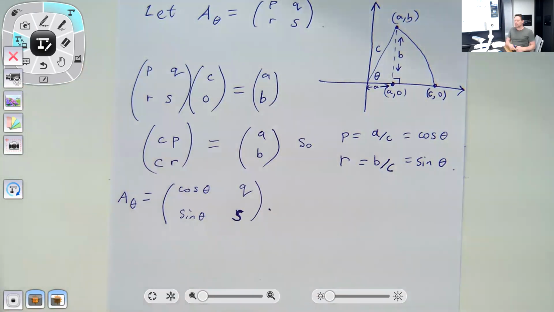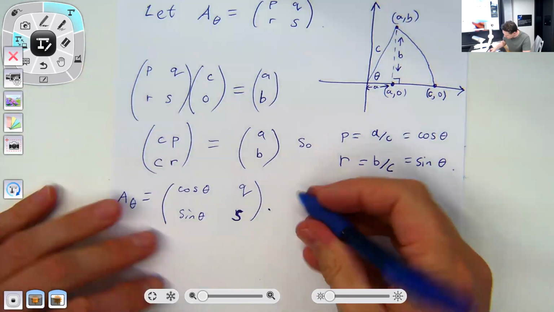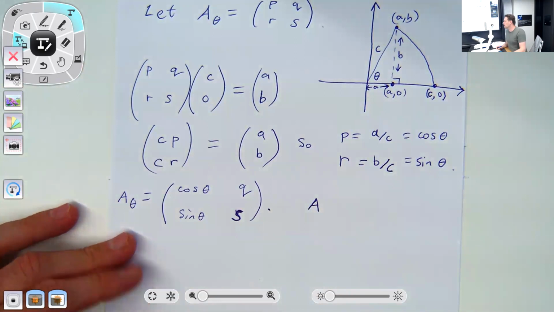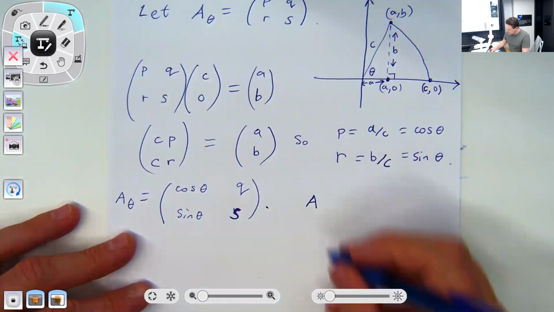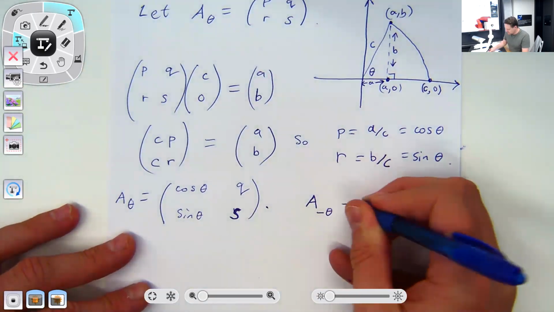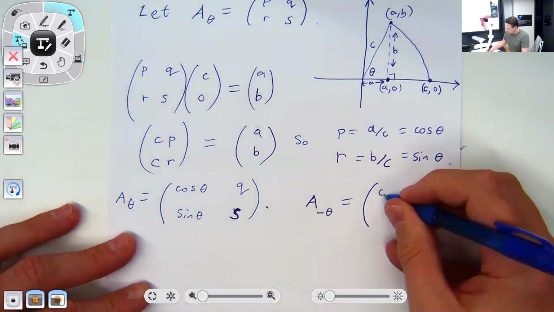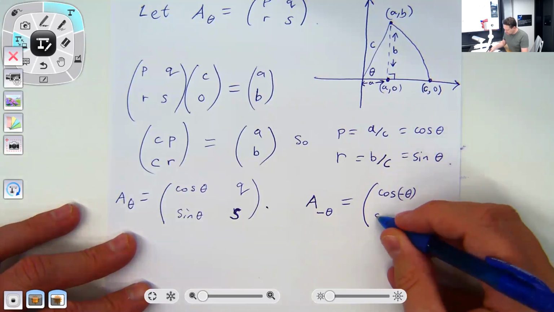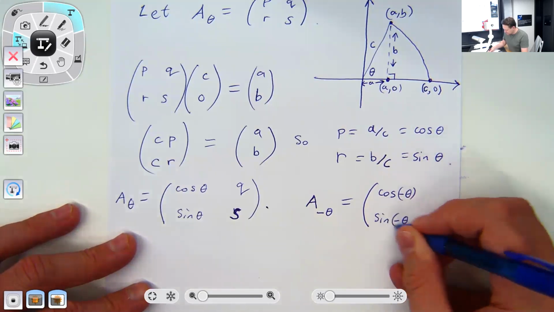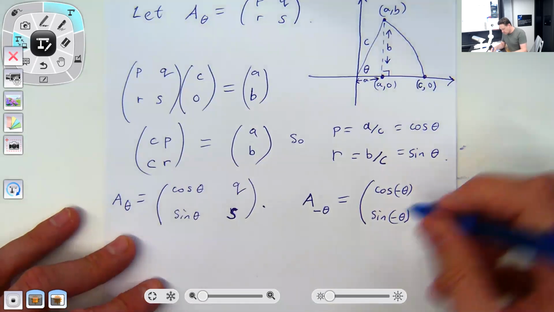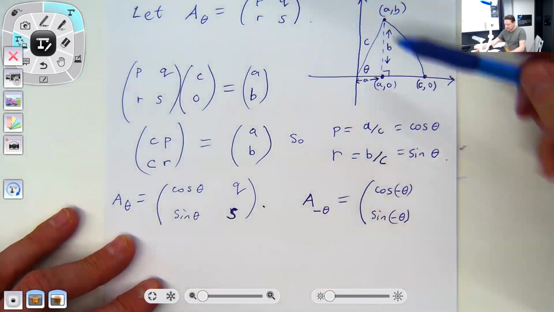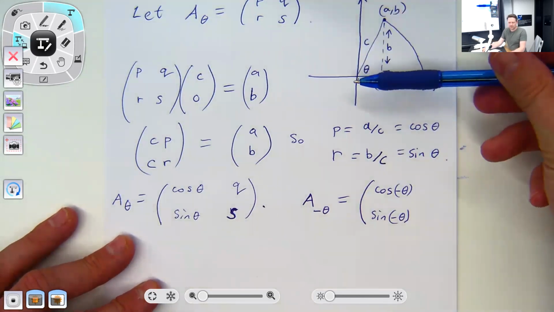Okay, so at this point, I'm going to invent a new matrix. I'm going to say that A minus theta should be equal to cos of minus theta. And then down here we have sine of minus theta. I don't quite have Q because remember I'm rotating the point AB down to the point C0.